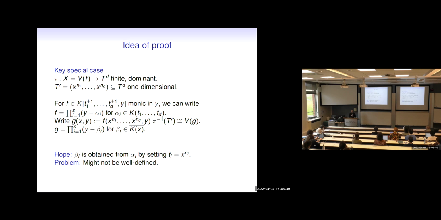To take the pre-image, to intersect with this subtorus, I'm just substituting in t1 is x to the n1, t2 is x to the n2, up to td is x to the nd. That gives me my polynomial G. So G in x, y just comes from F by substitution.